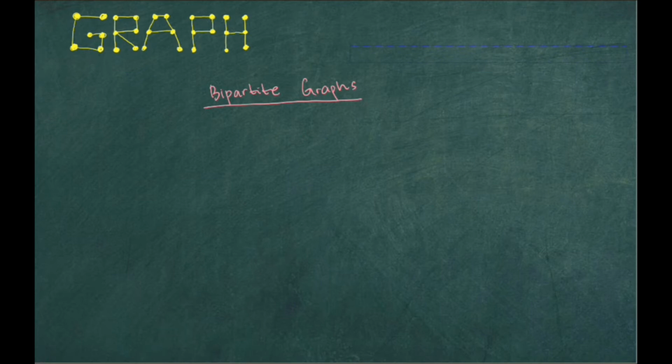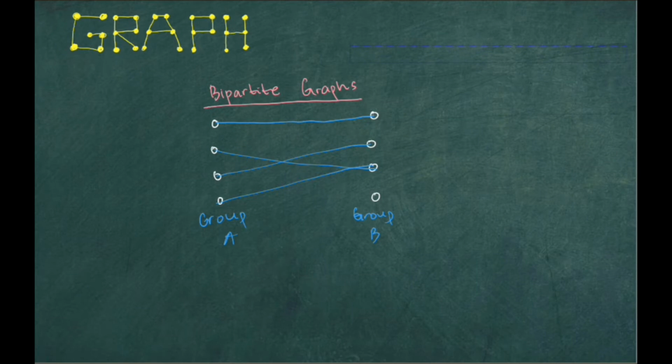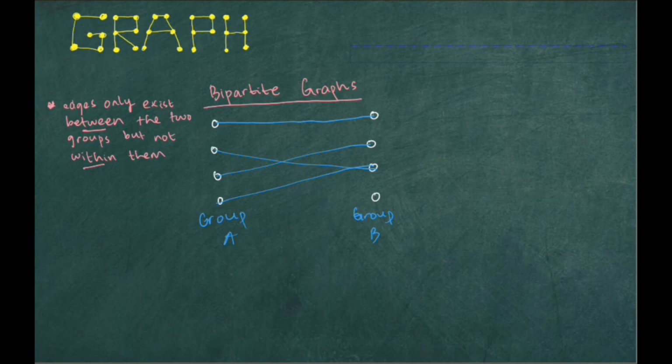So if you have a set of nodes that you can actually separate into two groups, and all the edges in your graph can go from one group to another, and there should be no edges within the same group. If you can do that, you've got a bipartite graph. So of course, if we have something like this, it's not a bipartite graph.